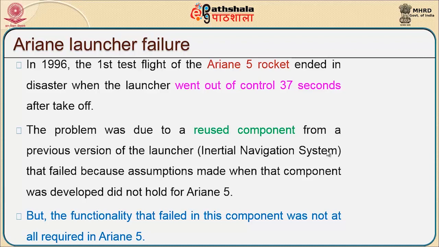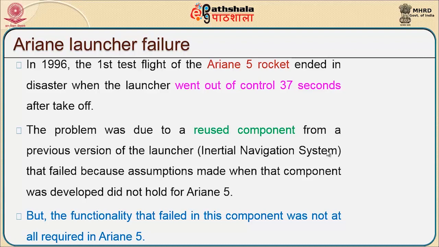The first test flight of the Ariane 5 rocket ended in a disaster when the launcher went out of control within 37 seconds after takeoff. The problem was due to a component reused from a previous version of a launcher. From the previous version of the launcher, they used a component which caused the failure.